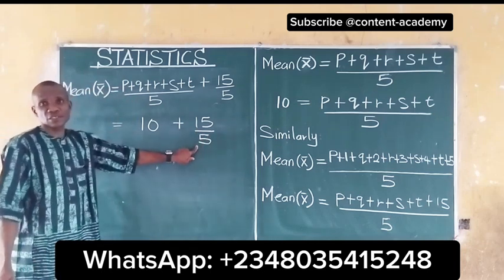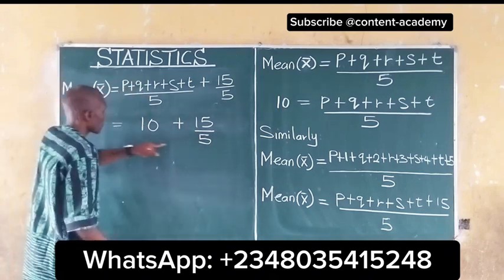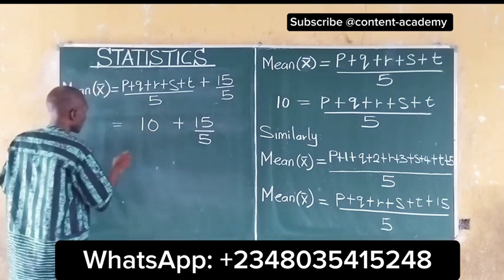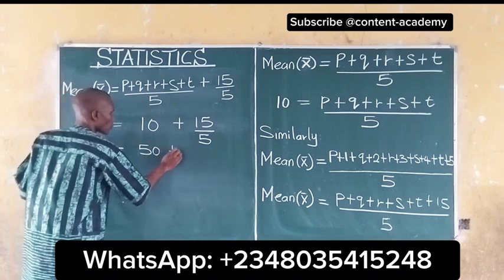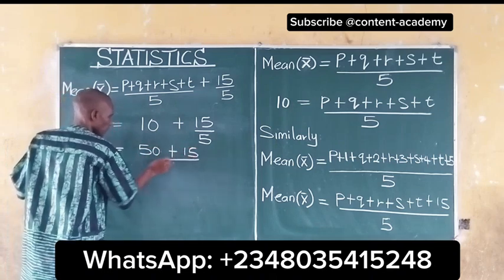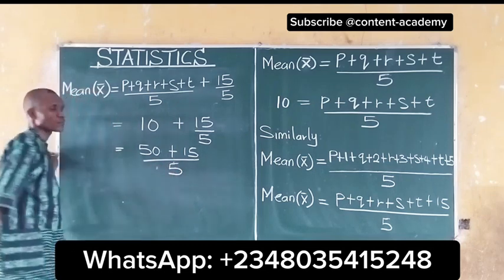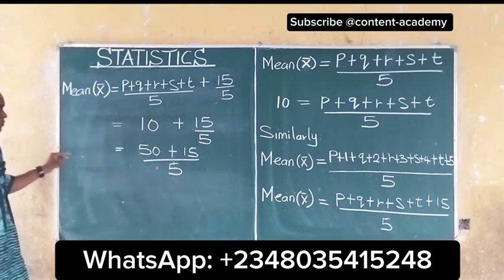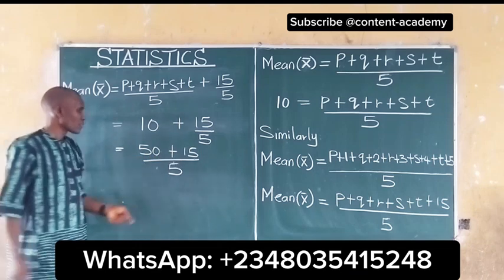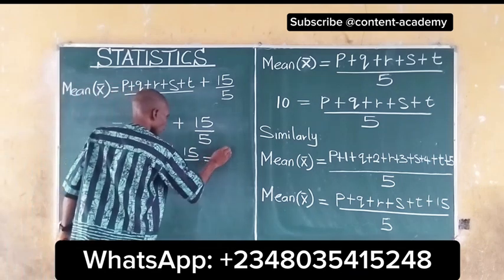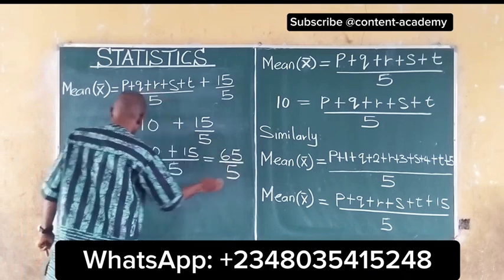Now, resolving this, we take our LCM: 5 multiplied by 10 is 50, plus 15, divided by 5. 50 plus 15 will give us 65 divided by 5.